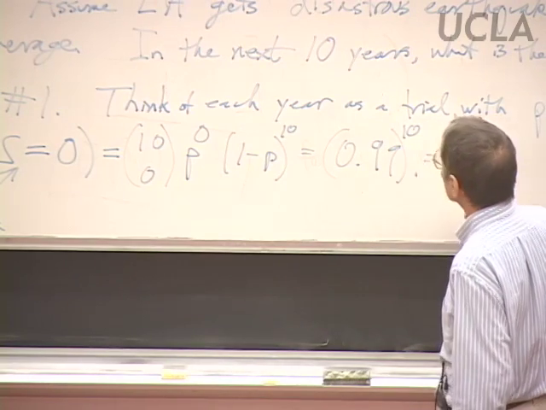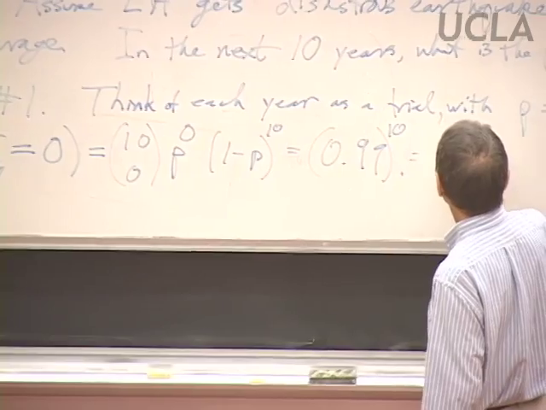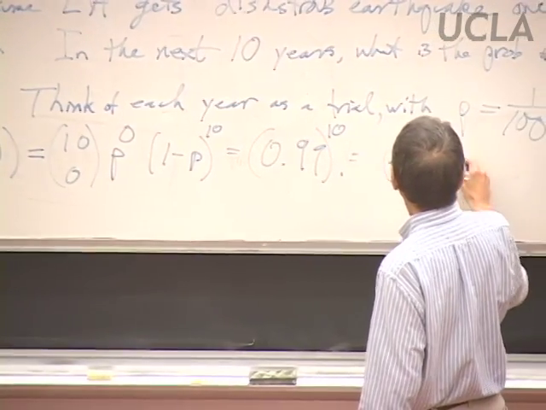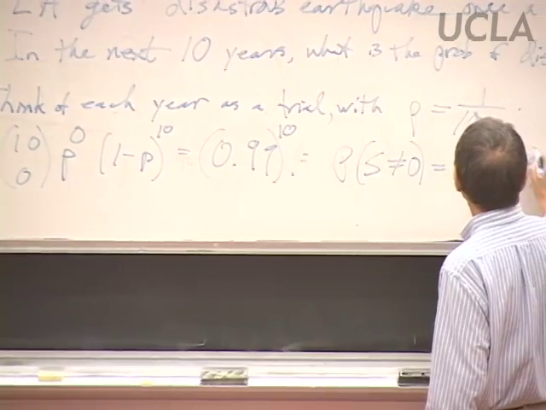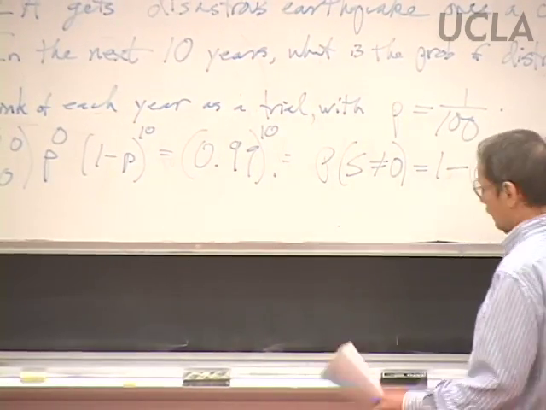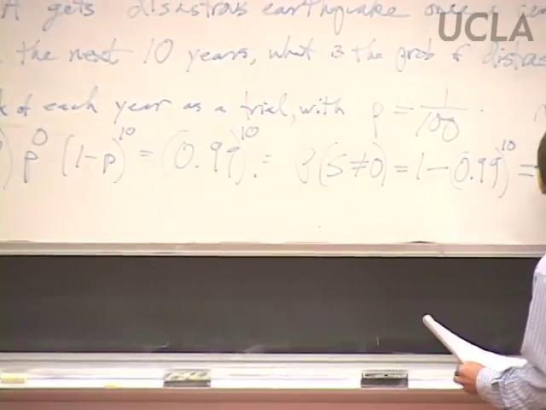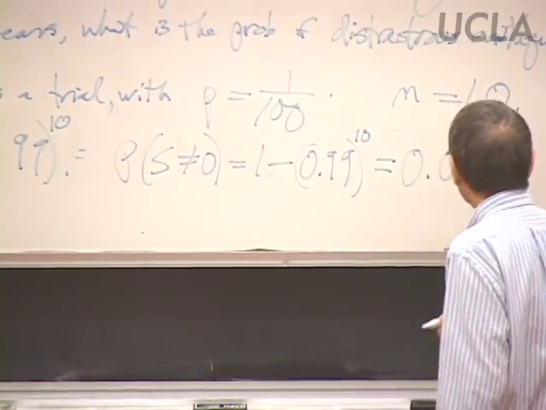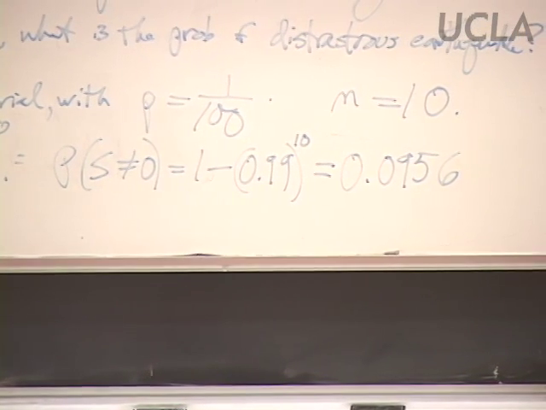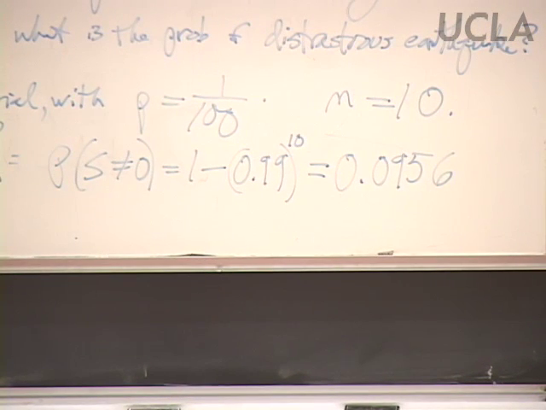We want the complement of that. Yes, it's close to 1/10, as one might guess. 10 years, probability 1 over 100.